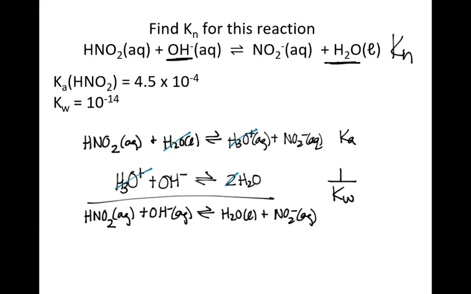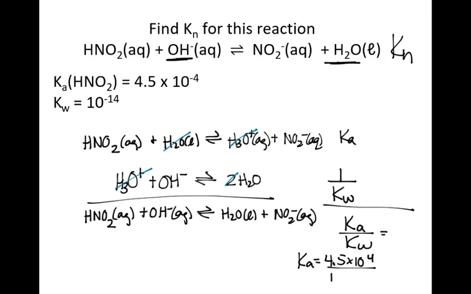Okay, and we talked about before that if we add reactions, we multiply their equilibrium constants. So that would be Ka times 1 over Kw, or Ka over Kw. Ka, in this problem, we said is 4.5 times 10 to the minus 4.